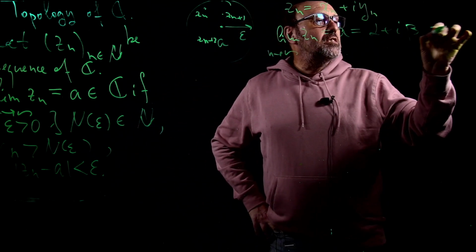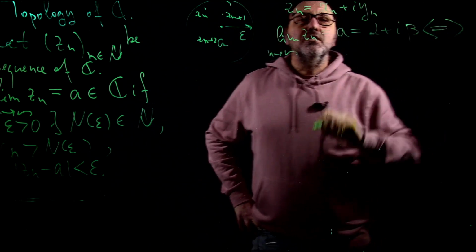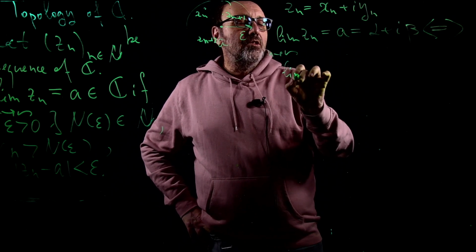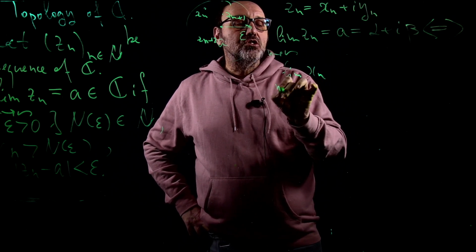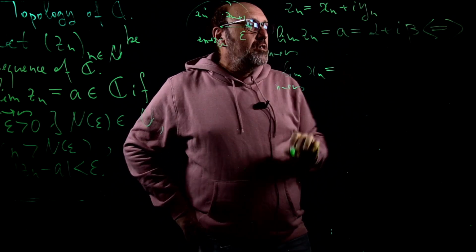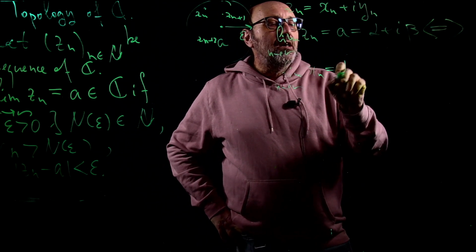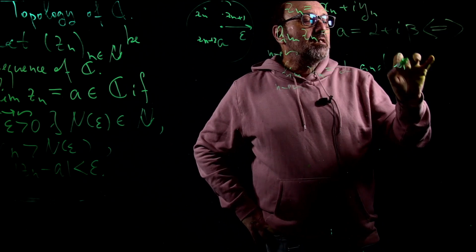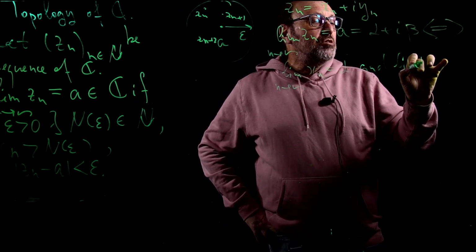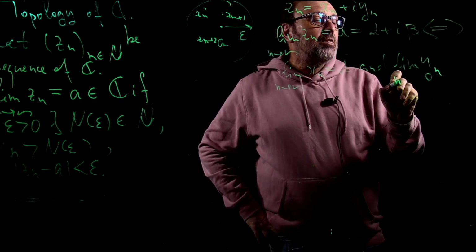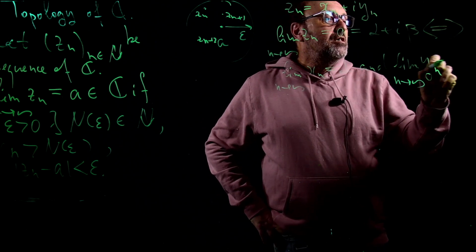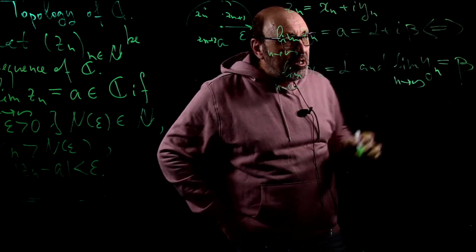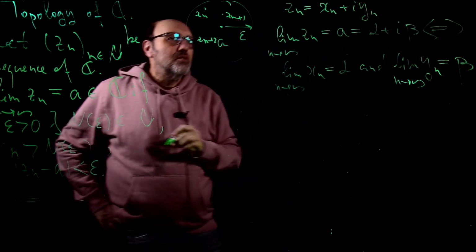So this is simply equivalent to the fact that the limit of the real parts is the real part of A, that is alpha, and the limit of imaginary parts when n tends to infinity is equal to beta, that is the imaginary part of A.